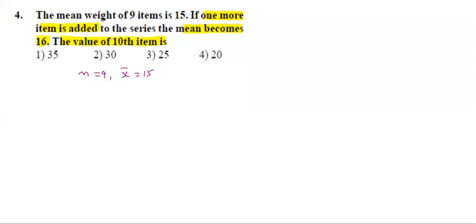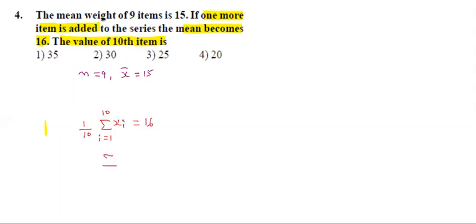So here, the mean becomes 16. One more item is added. So 1 by 10 sigma xi, i equal to 1 to 10, that value is how much given? 16.